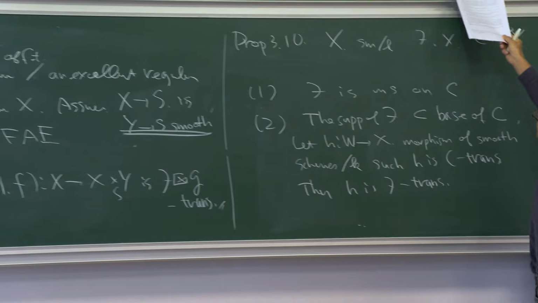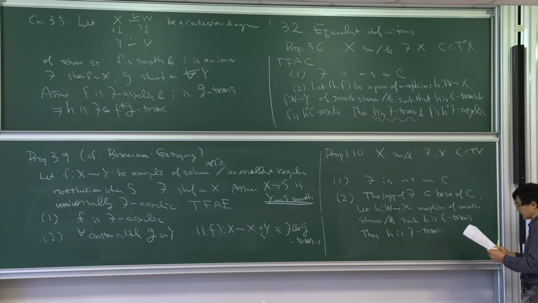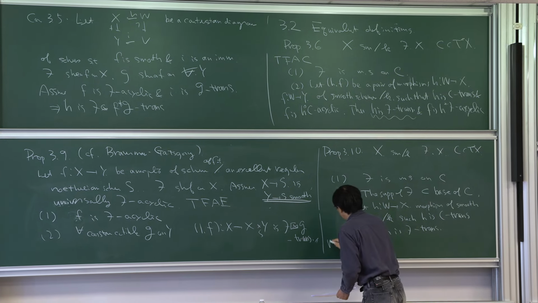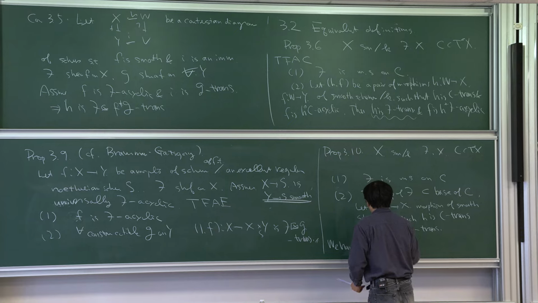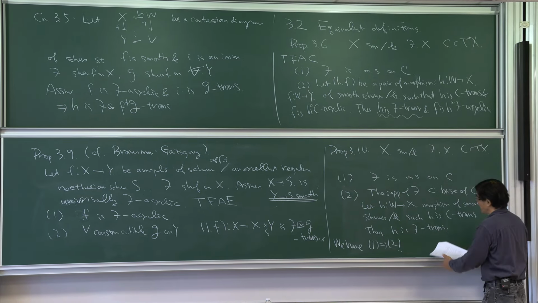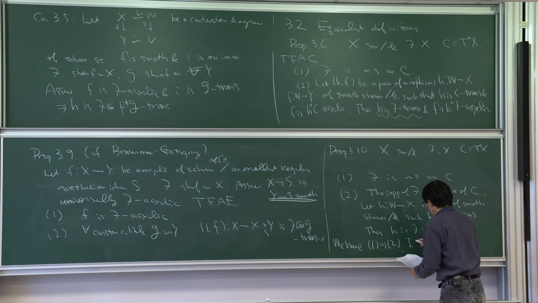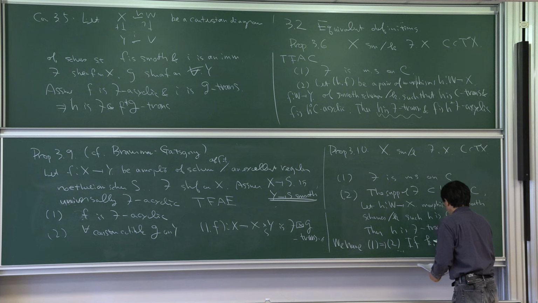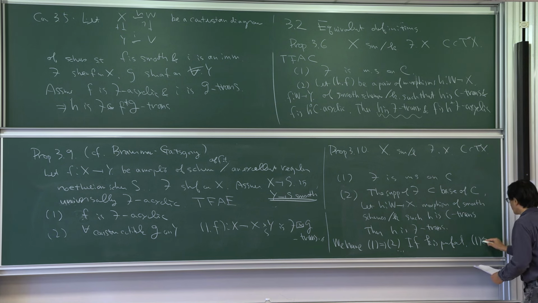So in this second one, we omit F and we just consider the morphism H. Then we always have 1 implies 2, which we have already seen. But if K is perfect, then we also have the converse.